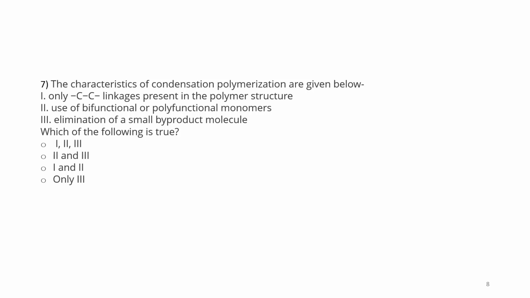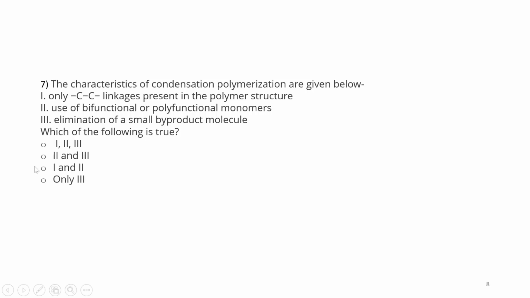Next question is, the characteristics of condensation polymerization are given below. Your options are: only C-C linkages present in the polymer structure, use of bifunctional or polyfunctional monomers, elimination of a small byproduct molecule.